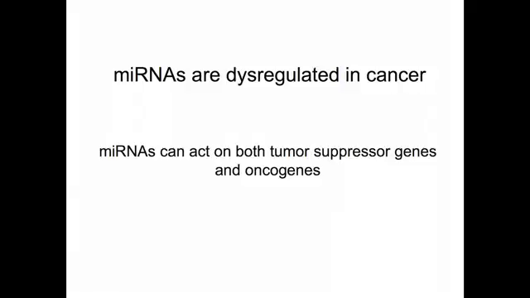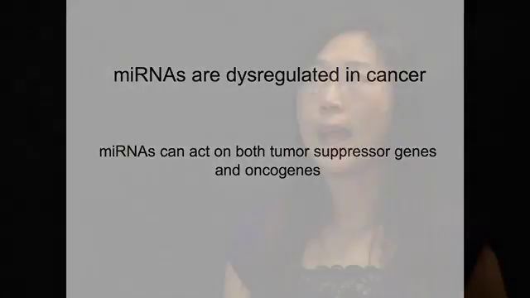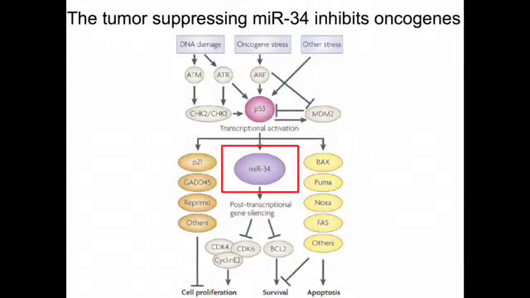So microRNAs are also found to be dysregulated in cancers, and microRNAs can act on both tumor suppressor genes as well as oncogenes. So for example, here's an example using miR34, microRNA 34. And p53 can transcriptionally upregulate the expression level of miR34.